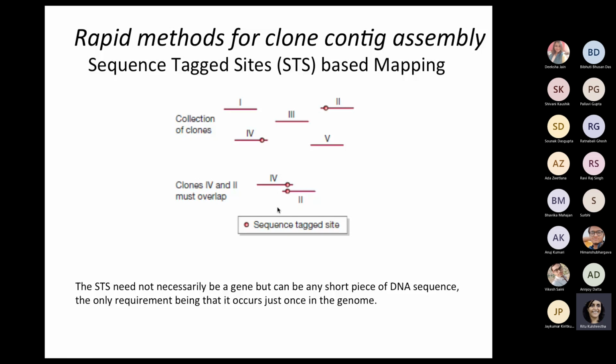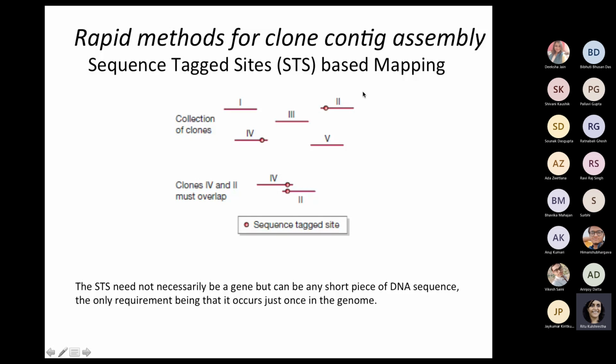So if I generate a probe against that site, and clone 2 and clone 4 both show hybridization to a particular STS, it means that 2 and 4 are definitely overlapping with each other.